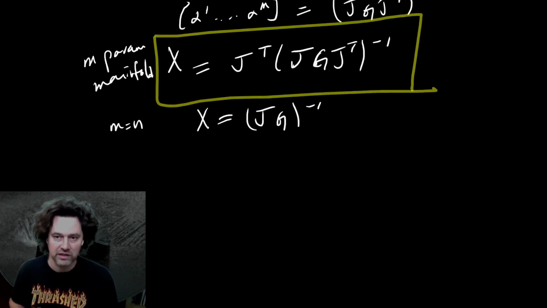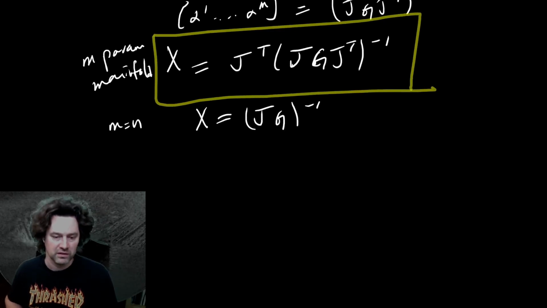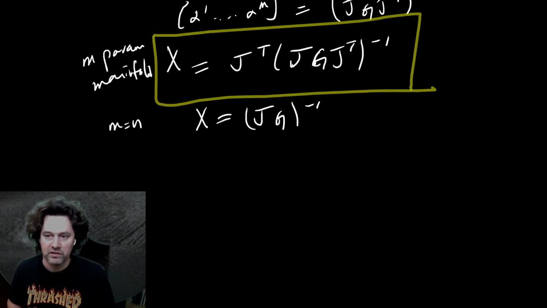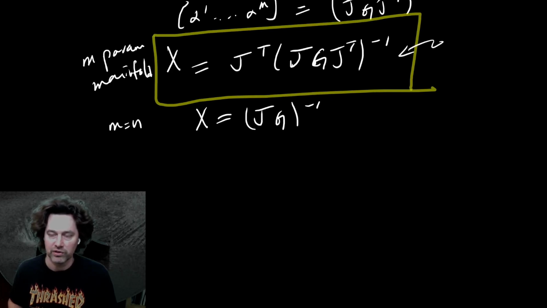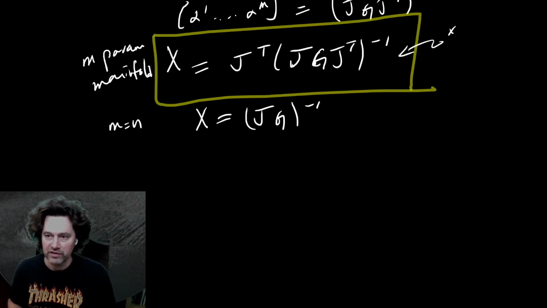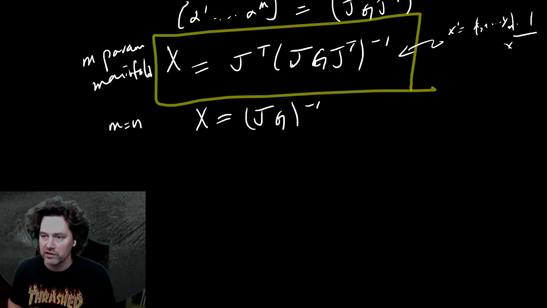So these should actually be the same. This is equivalent to our geometric algebra representation, where we found that x1, for example, was x2 wedged with xm, all dotted with 1 over the Jacobian of x1 through xm.